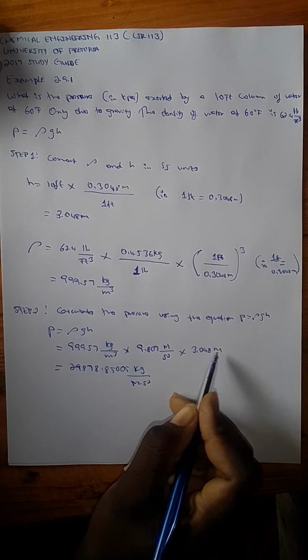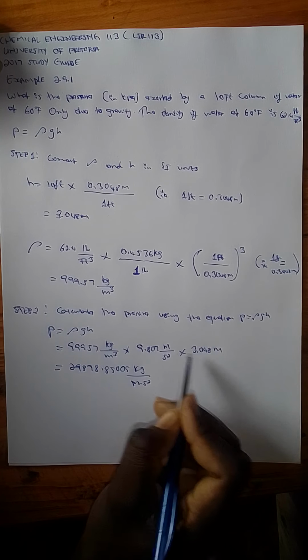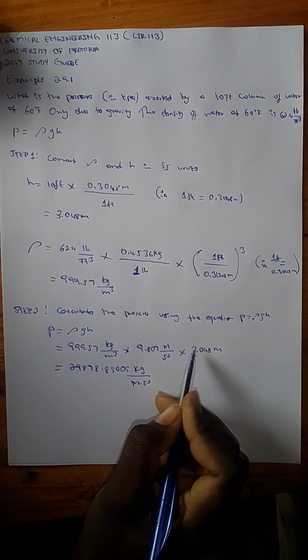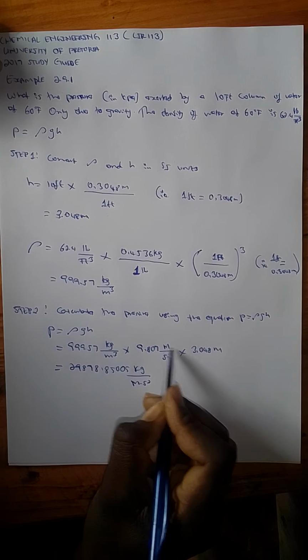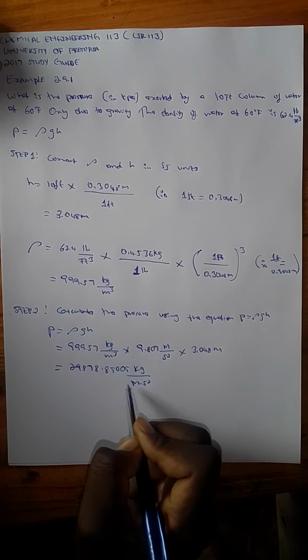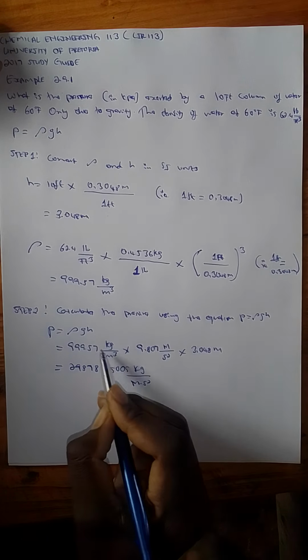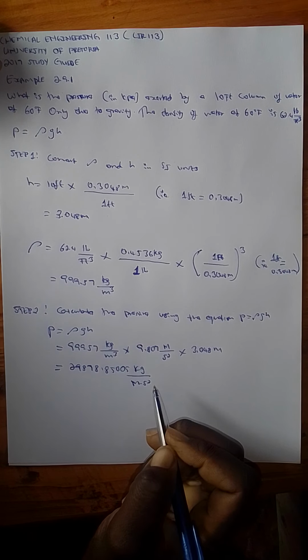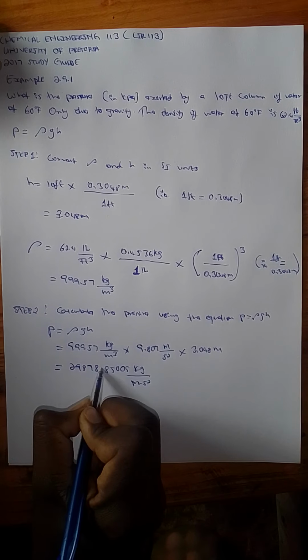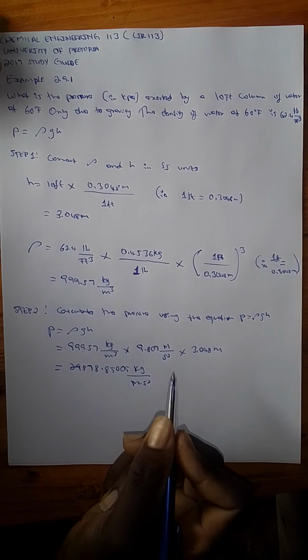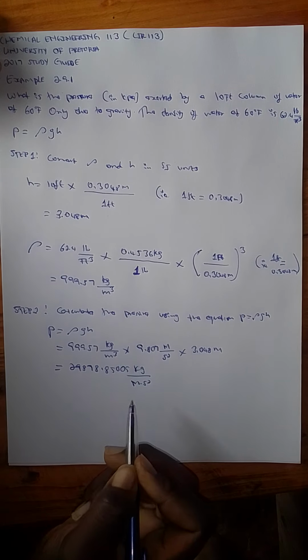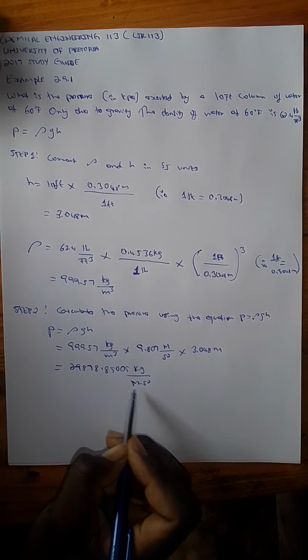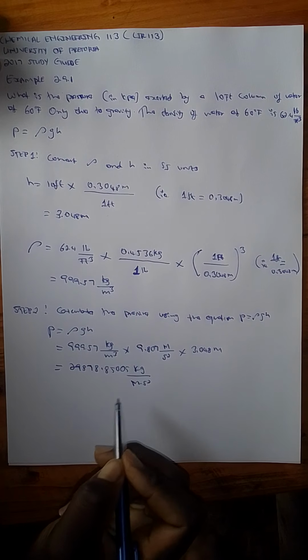This is because we have meters here: a meter squared above and a meter cubed below, which means we cancel and are left with a meter underneath, with kilograms standing alone and seconds squared standing alone. Another very important thing to notice is that kilograms per meter second squared is actually pascals.